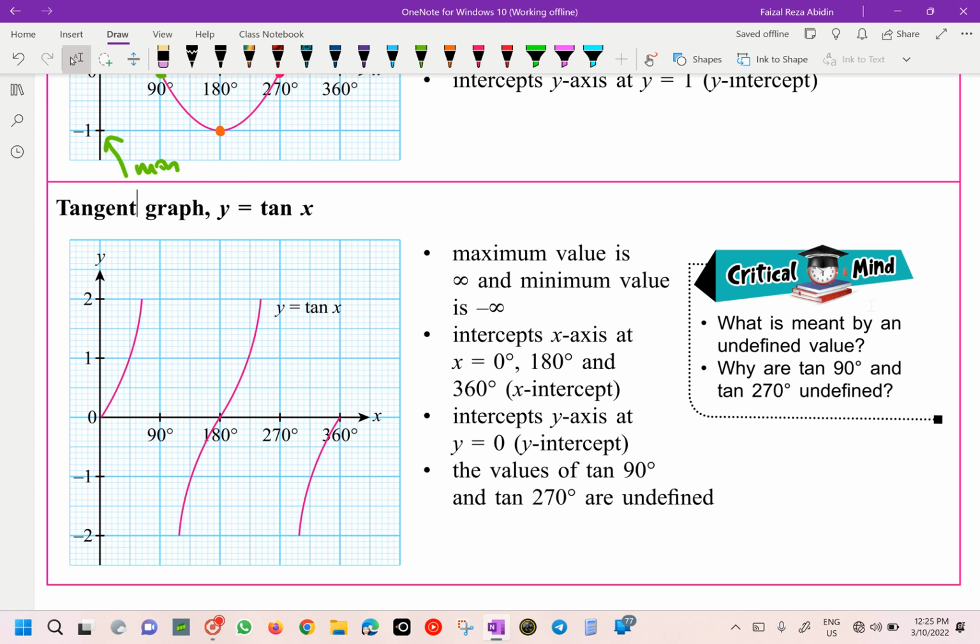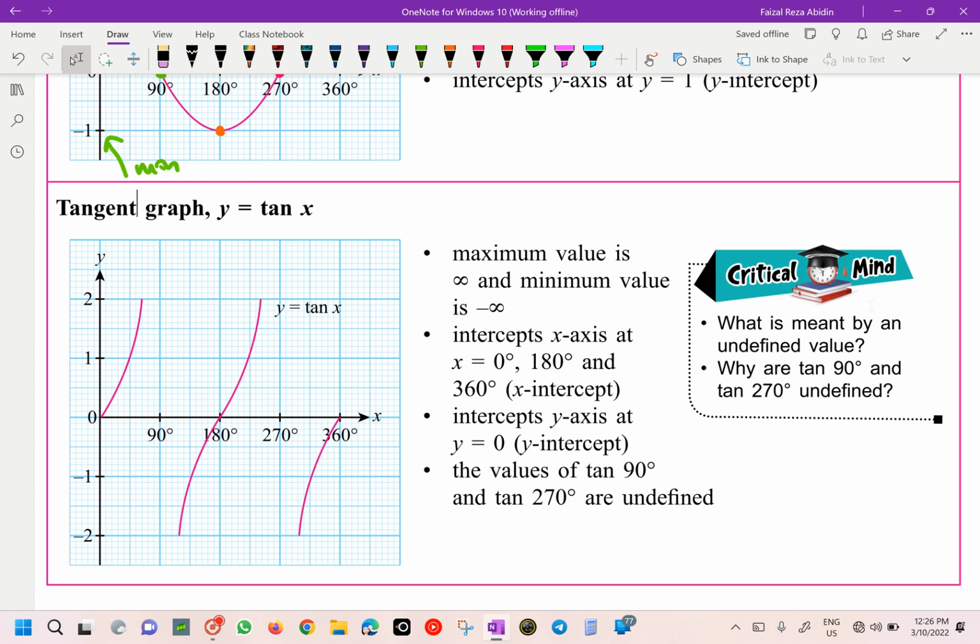And then if you use your calculator, for 180, you are going to get 0. Okay? 270, negative infinity. That's why you are going to get nothing over here. 360, we are going to get 0. Isn't it? Okay? So over here, you know, maximum value, infinity. Minimum value, negative infinity. Undefined over here.